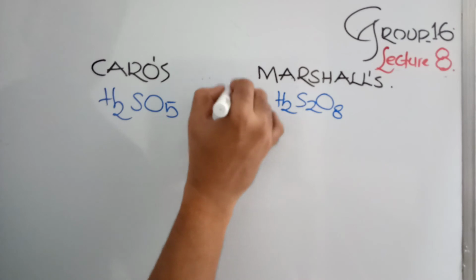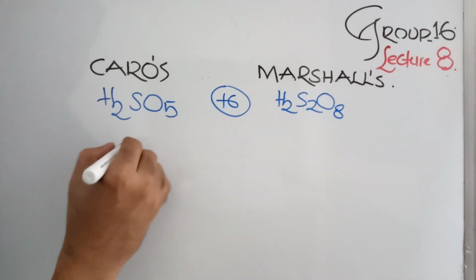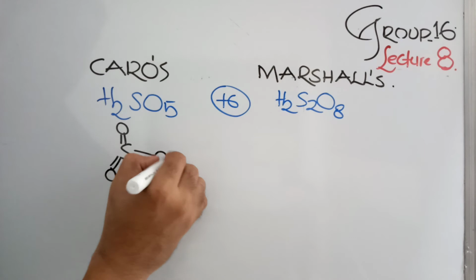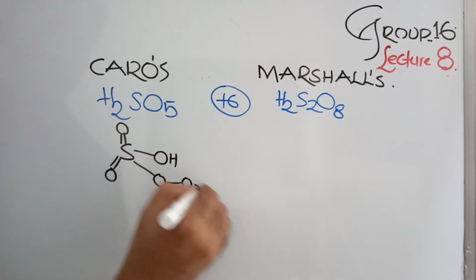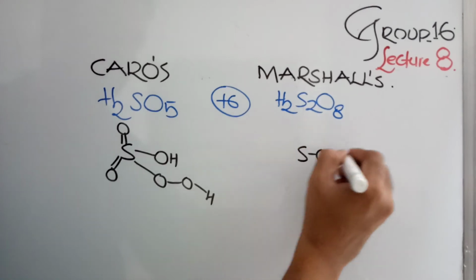Okay, Caro's acid is H2SO5. Marshall's acid is H2S2O8. Both cases sulfur oxidation state is going to be +6 only. In both the cases there will be a peroxy linkage. H2SO5 is like this, S double bond O, one is OH, another is OH, one peroxy linkage.